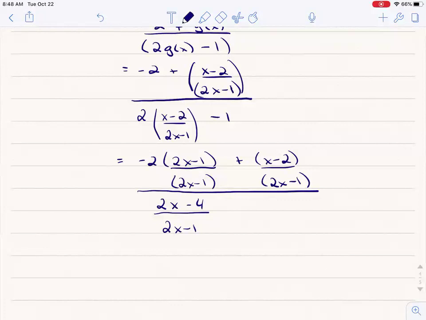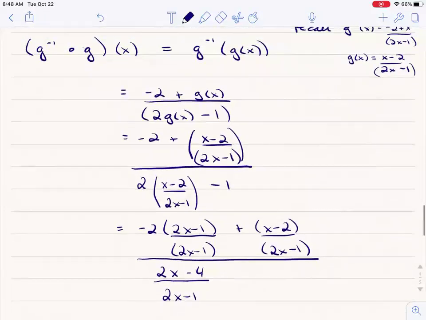I don't understand why. Okay, so here, bring it down a little bit, right? We were here, and then we came here. So I want to have this -2 over 2x minus 1. X minus 2 is already over 2x minus 1, so I don't have to do anything. But what I have to do is multiply -2 by 2x minus 1 over 2x minus 1.